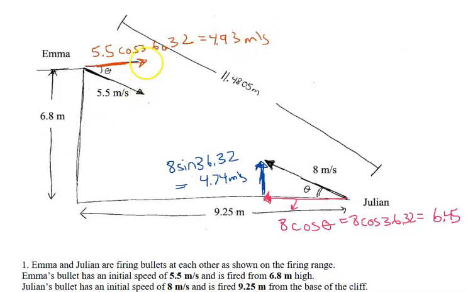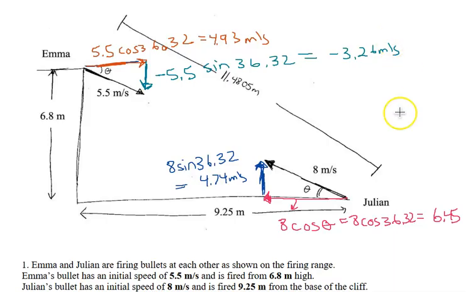And her t-shirt is headed downwards at 5.5 sine of 36.32. But it's negative because it's going down, so that's minus 3.26 meters per second.